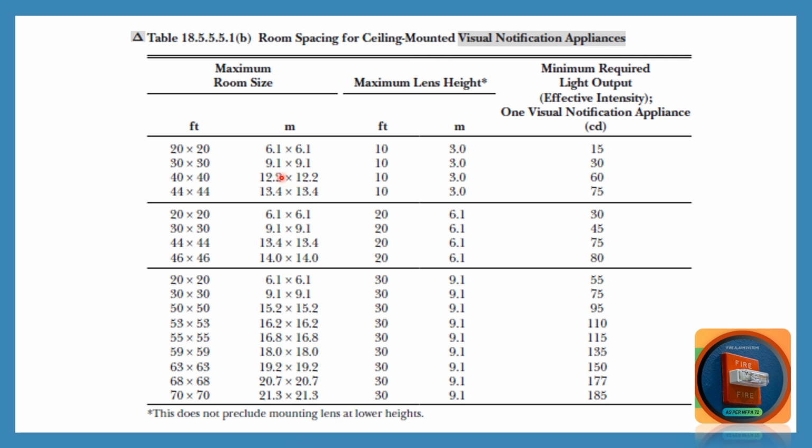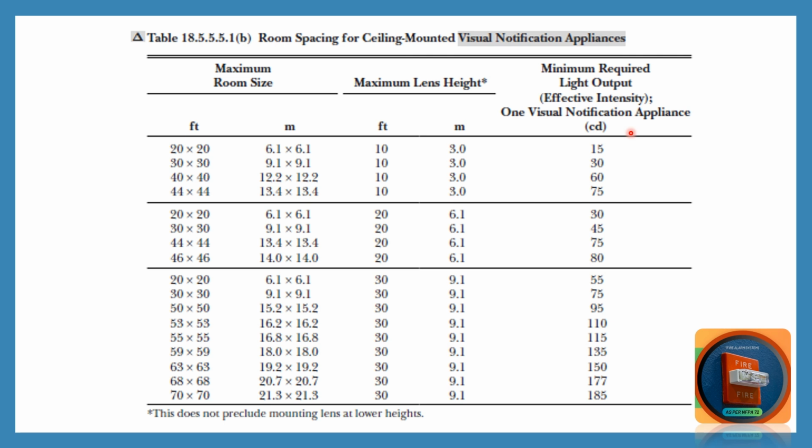If you have a room of maximum size 9.1 meter by 9.1 meter, and you are going to install the ceiling mounted strobe at 3 meters, then we need to consider a 30 CD visual notification appliance.